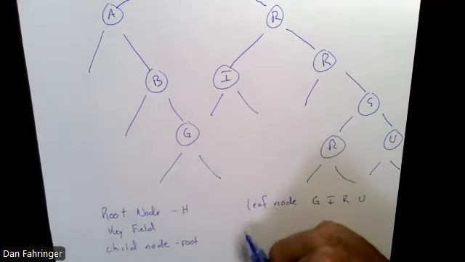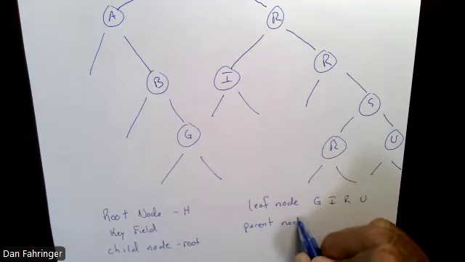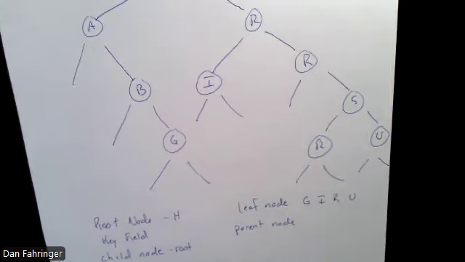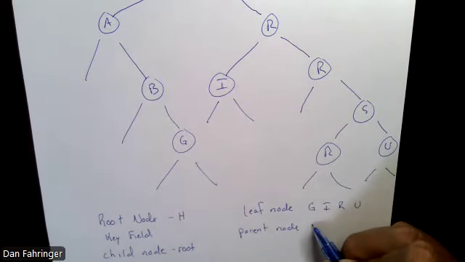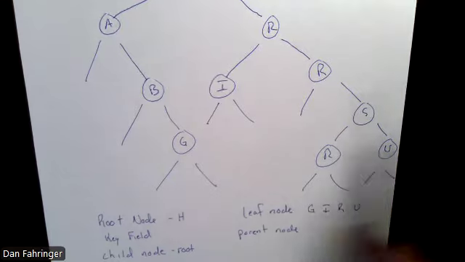Parent node. How many parent nodes are there? I hear 6. Shout them out to me. Or is it possibly 7? Does the root count as a parent node? Does it have children? Yes.